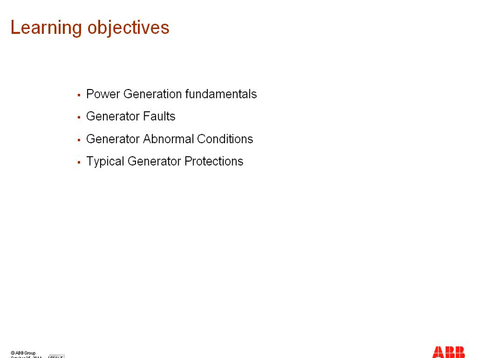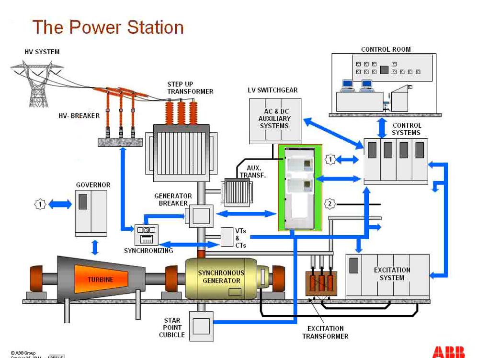The power station, here in this slide, you can see the diagram of different equipment installed in the power station or a generating station, and as you know, that's the most complex and most expensive part of a power system.